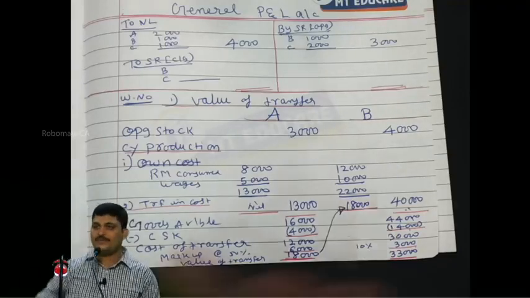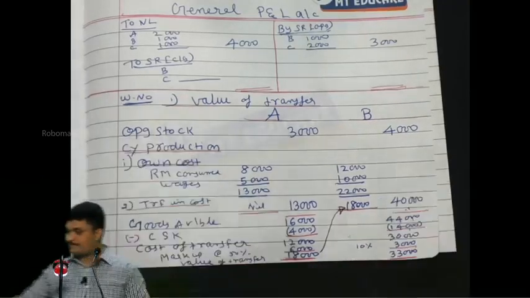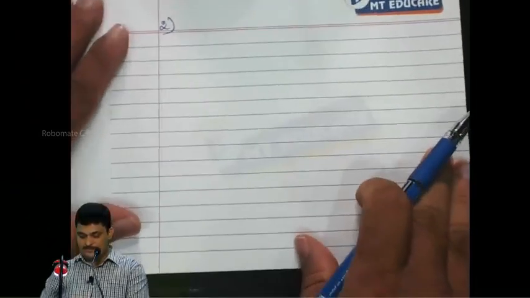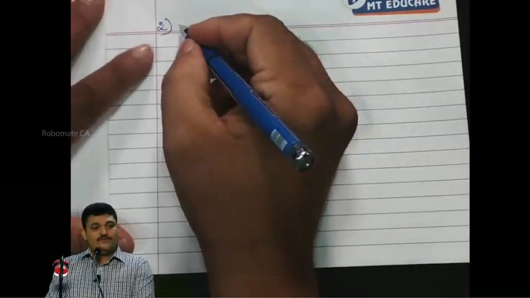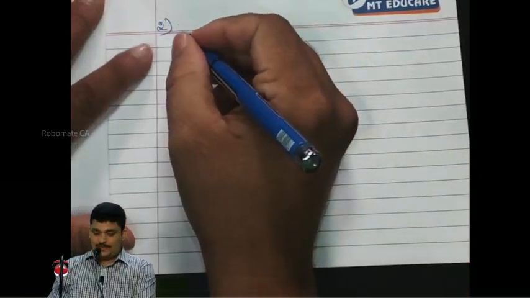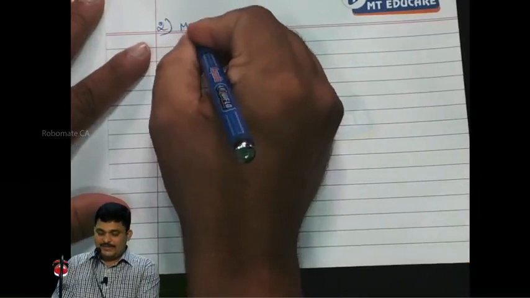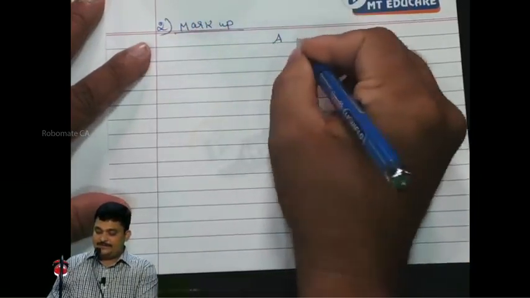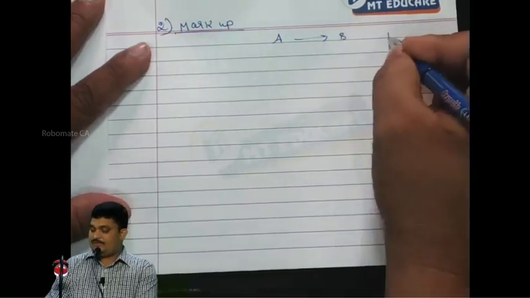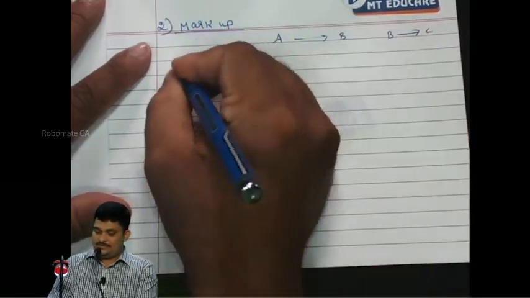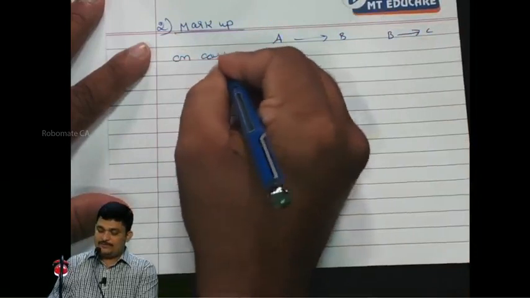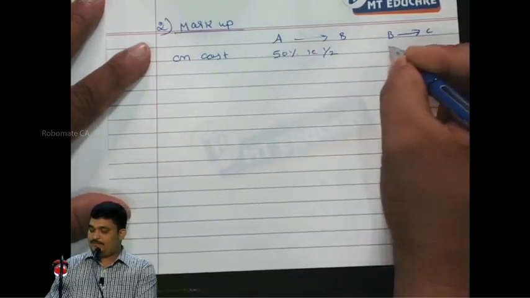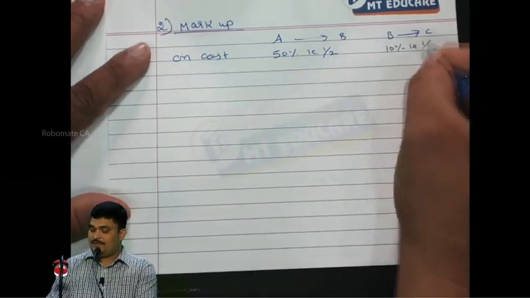Now whatever we discussed, let me put it into writing. You listen. Continue to listen. We are going to find out the stock reserve. For that, let us identify certain other information. Mark up A to B, B to C. On cost, 50%, 1 by 2, and 10%, 1 by 3.